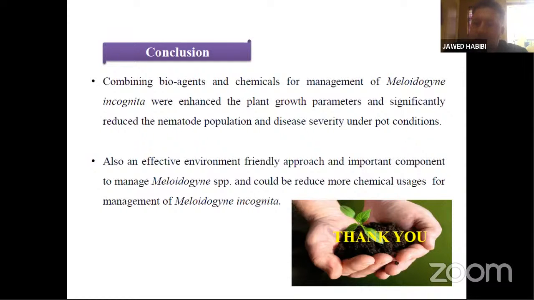But based on my results, sir, I found the combination of nematicide with bioagent showed the best result, and also Trichoderma harzianum with fluopyram or fluopyram showed the best result to control the nematode. Maybe the result may be good, but its adaptability is a big question mark. You are right, sir. Thank you.